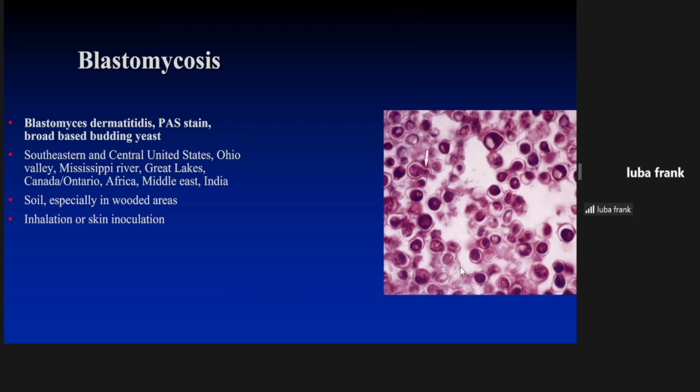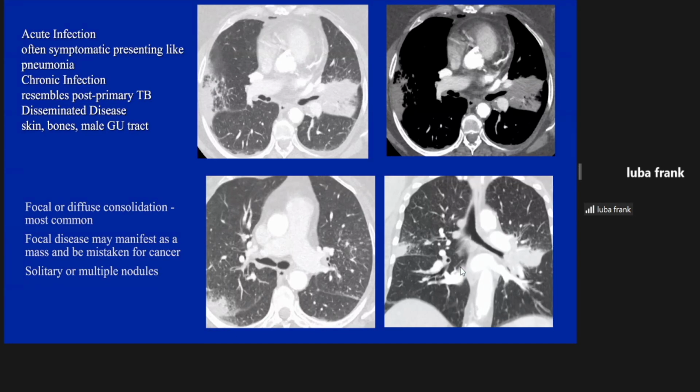The organism lives in soil, especially in wooded areas, and spreads by inhalation or skin inoculation. So here's an example of acute infection by blastomycosis. The acute infection is often symptomatic and can present as pneumonia. That's the example we have in this particular case.